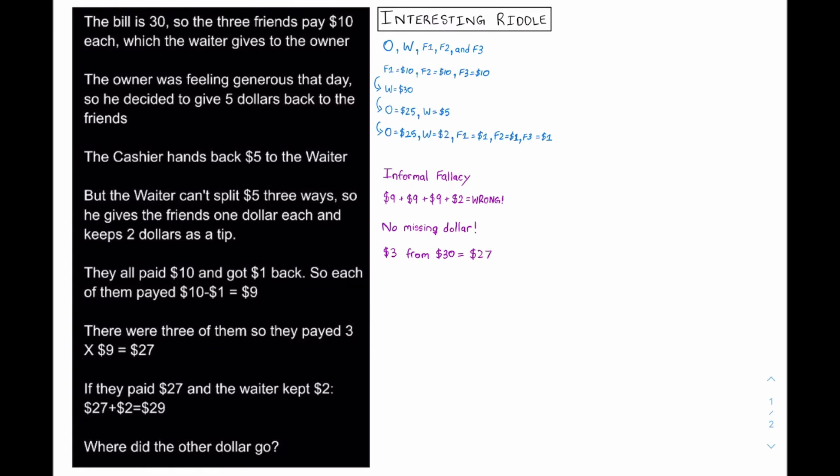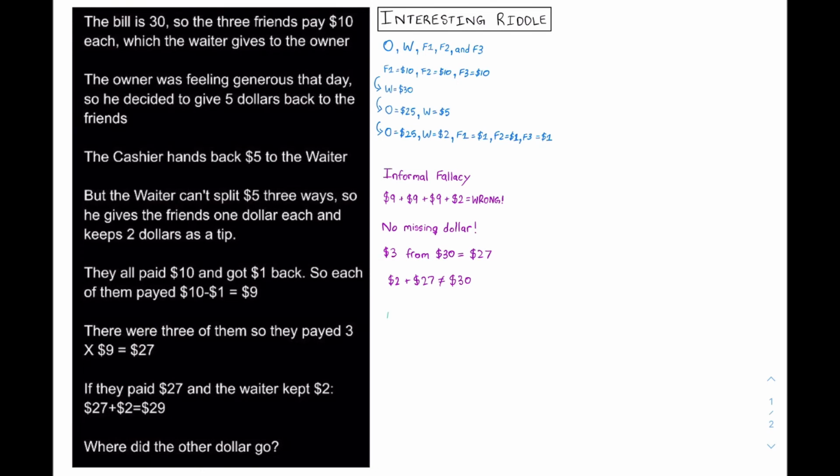Adding the $2 that the waiter has to the $27 that the friends have will not make it $30 because what has been removed from the $30 is the $3 that the friends have, not the $2 that the waiter has, which is why the entire premises of the riddle's argument is wrong. In fact, that's why we can call this an informal fallacy, because it doesn't have the correct premises to get to $30. Rather, it has the premises to get to $29 or $27.